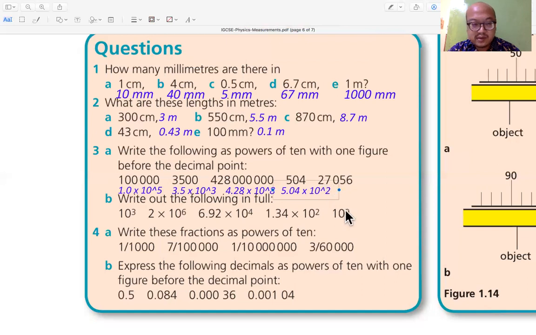And the last one here, this is like 2.7, let's say 2.7 times power 1, 2, 3, 4, power 4. Okay, that's it.